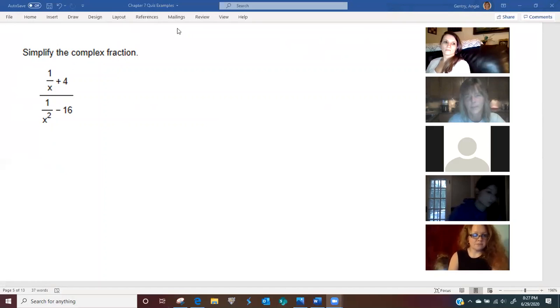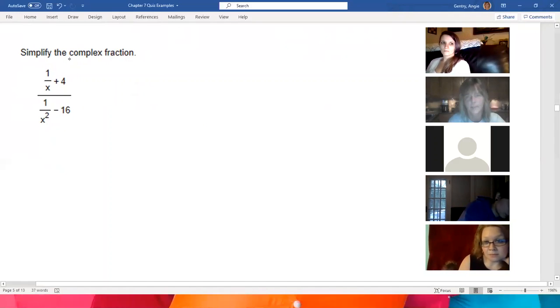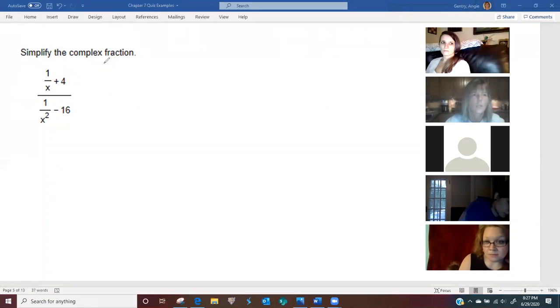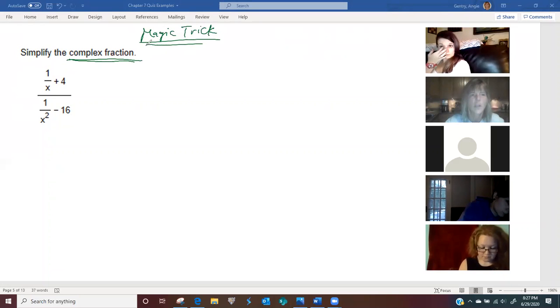Don't worry. If it's a complex fraction, don't let that scare you. You're gonna use the magic trick. If you don't understand the magic trick, you need to learn it, and you need to learn it fast.